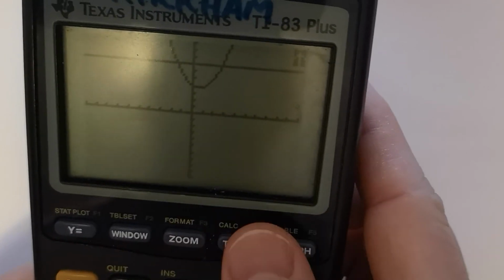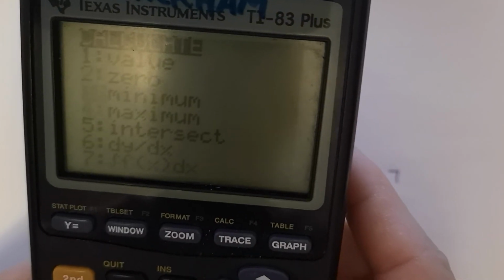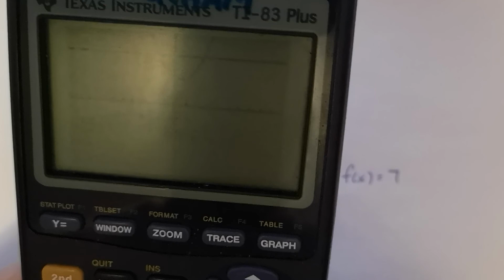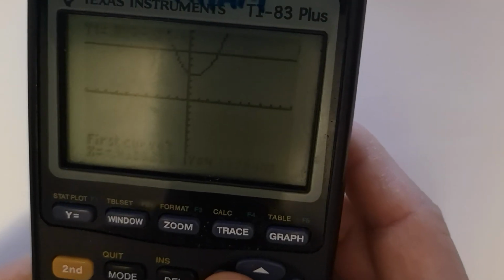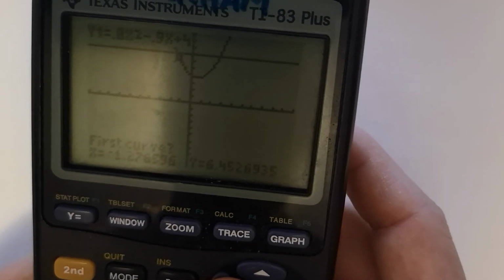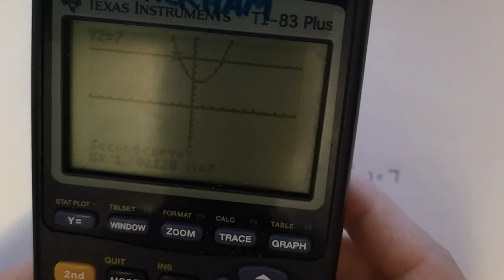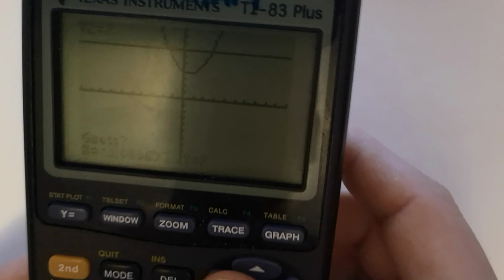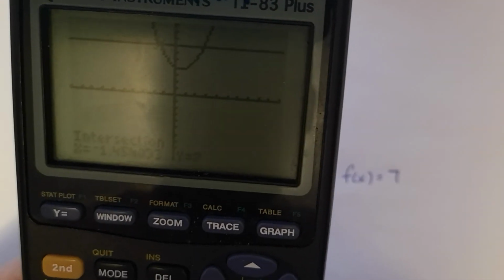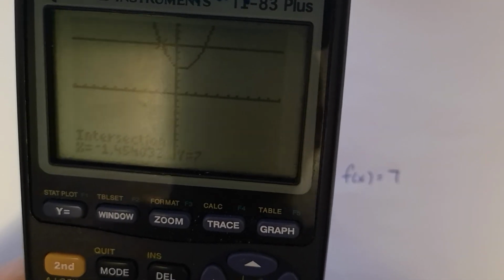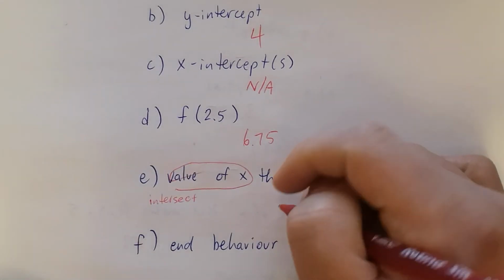So hit second, trace, go down to intersect. Okay, you're going to have to do this for each intersection. So when there's more than one, it's important that you actually go through the process of moving your cursor close to the intersection. Okay, so for this one, I should get something negative. I had negative 1.45.